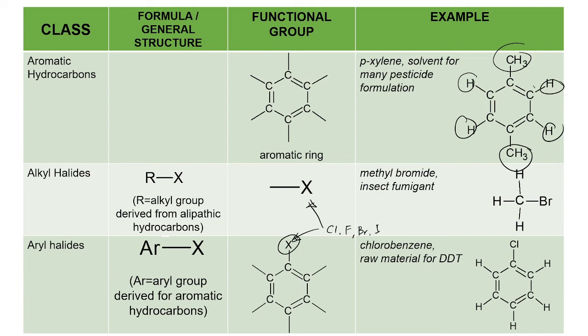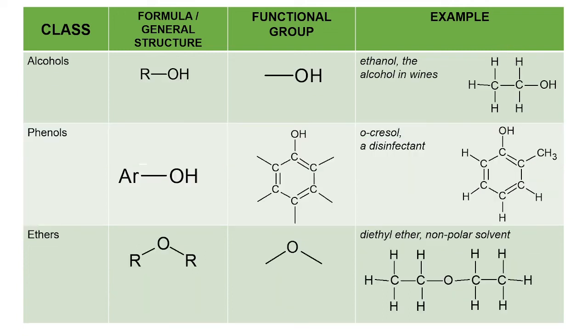So for aryl halide, we have here the chlorobenzene. By chlorobenzene, we have here our benzene, and we have here our chlorine. That is why it is called chlorobenzene. Okay. For the next examples, you may pause the videos kung masyado kayo nabibilisan sa akin.